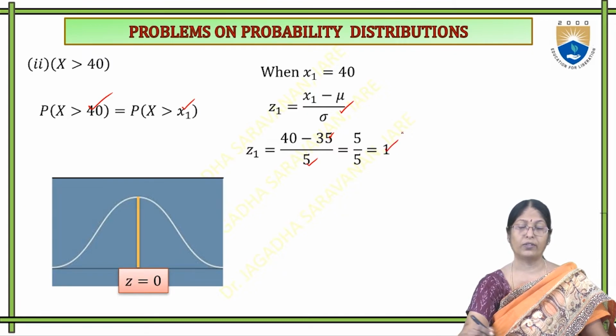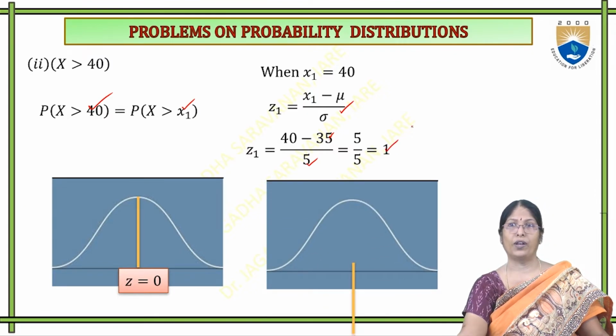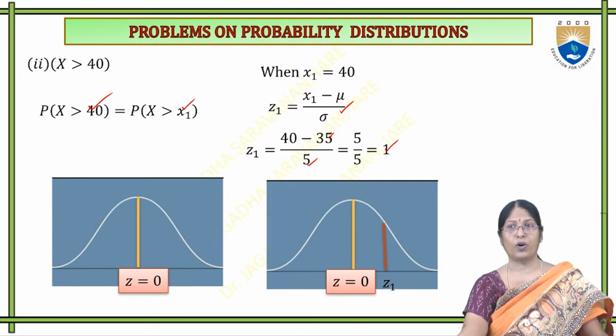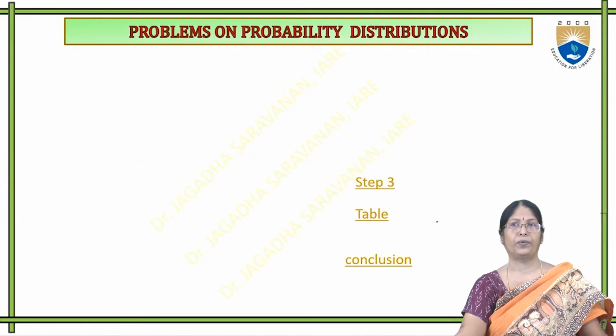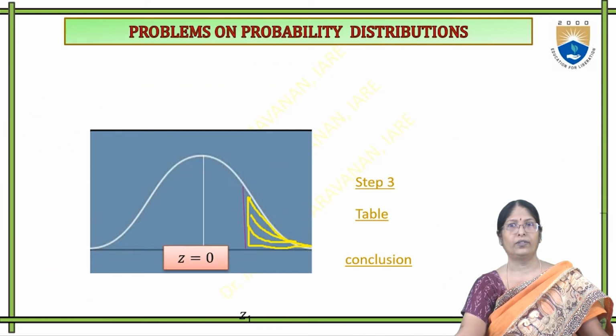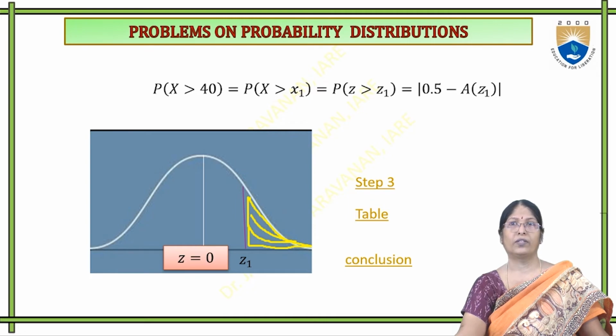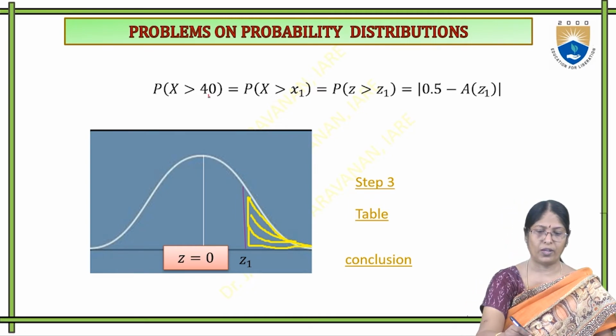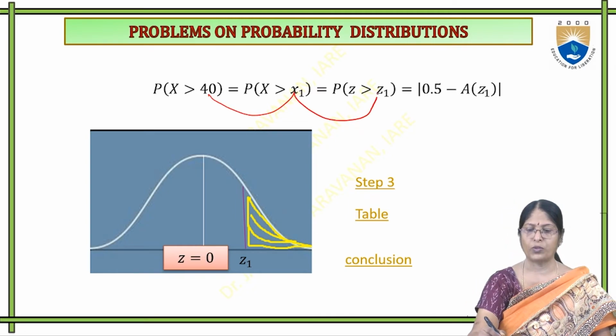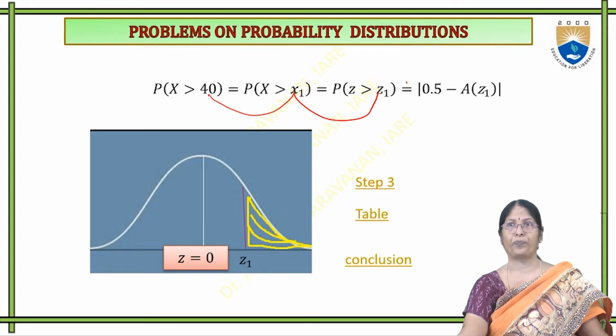So z1 is 1. Now we obtained a positive value, so the point is placed on the right side. This is the fair diagram. So the question is 40 assumed as x1, and x1 is z1.